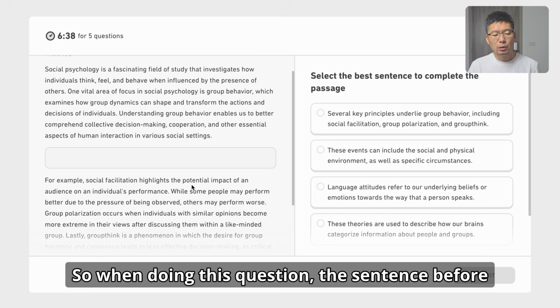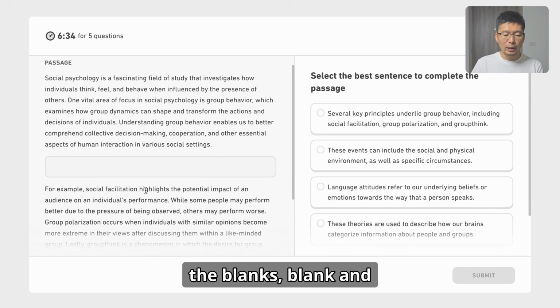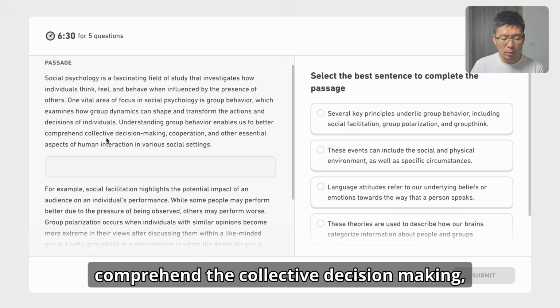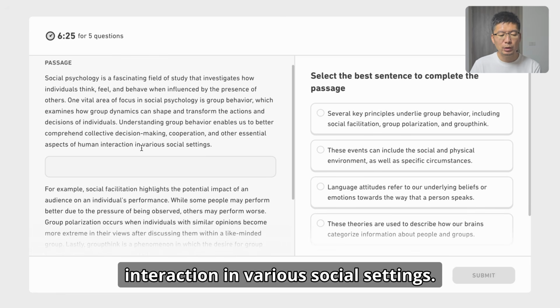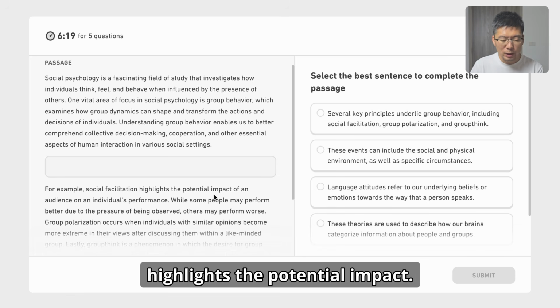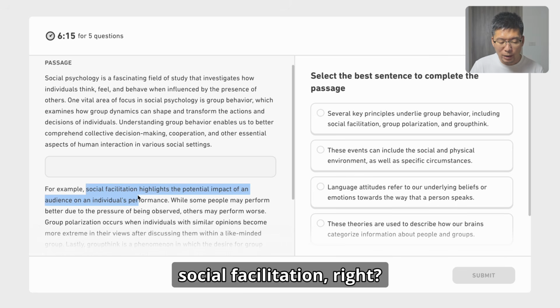Okay, so when doing this question, the sentence before the blank and after the blank is very important. Understanding group behavior enables us to better comprehend collective decision-making, cooperation, and other essential aspects of human interaction in various social settings. For example, social facilitation highlights the potential impact. So this example is about social facilitation, right?